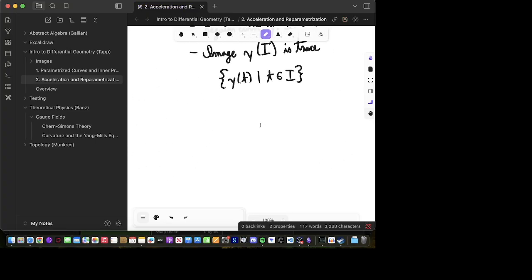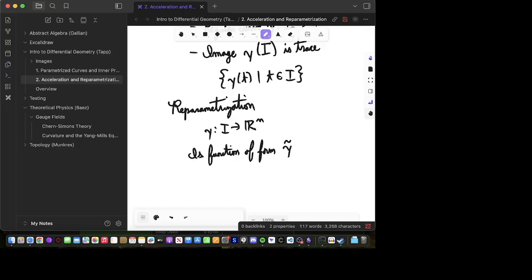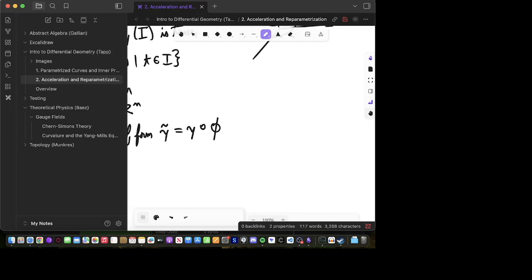Now let's talk about reparametrization. So if we have a regular curve gamma from I to Rn, a reparametrization is a function of the form gamma tilde that equals gamma composed with phi, which goes from another interval to Rn.